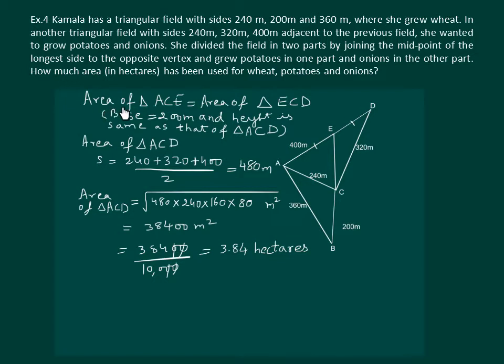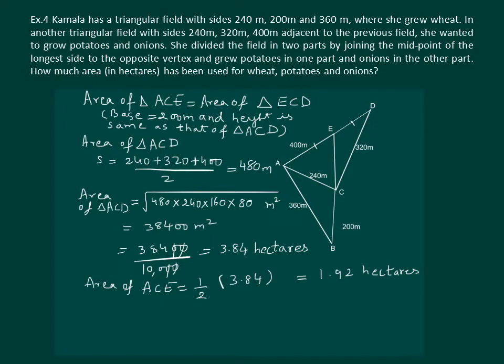Since we have already explained that area of these two triangles are equal, that would mean that we can write area of ACE should be half the total area. So that is equal to 1.92 hectares.